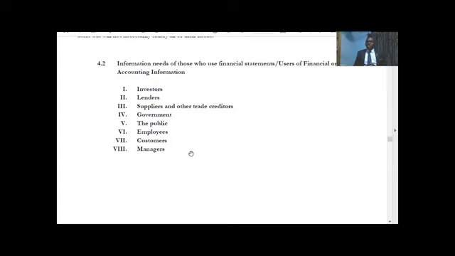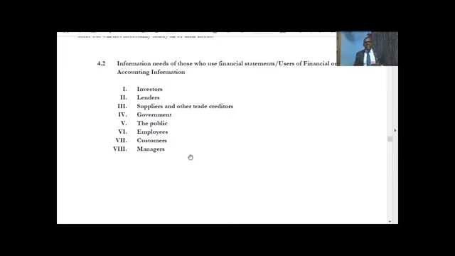So as a lender, what I'm interested in is for the company to be able to make good my loan, my principal, and my interest. Because if I lend to the business, I'll be expecting interest, as well as payment of the principal that I lent. So they'll be interested in the liquidity of the entity.